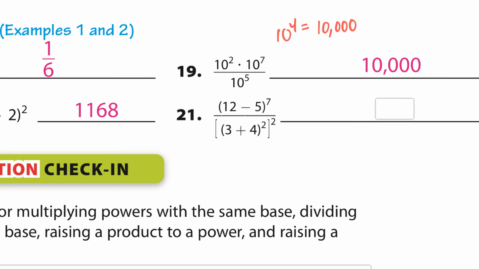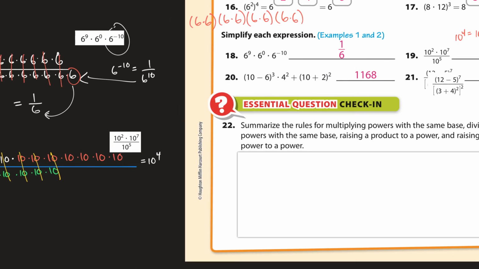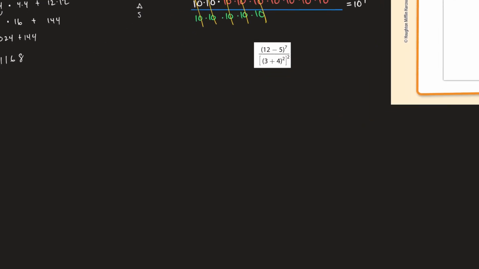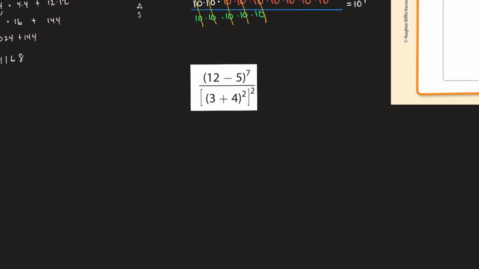And now we have this one. Ooh, boy, there's a lot in there right now. Right here. And I'm going to zoom this out, bring that over. Okay. 12. I'm just going to jump right in. I like to have a nice straight line when I do this. So I have 12 minus 5. 12 minus 5 is 7. 12 minus 5 is 7 to the 7th power.